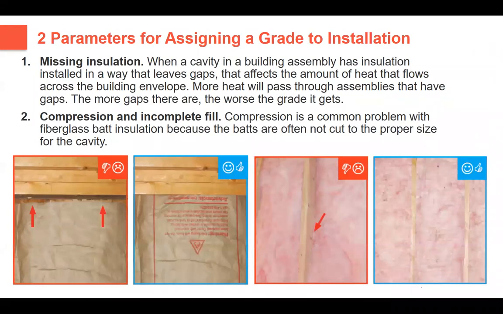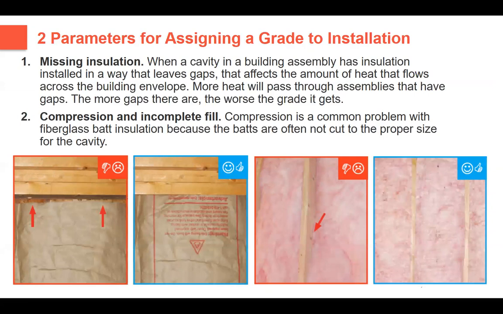And here you can see some parameters and what that might look like in the field, whether that's missing insulation or compressed insulation, and some of this may depend on who the insulation manufacturer is.